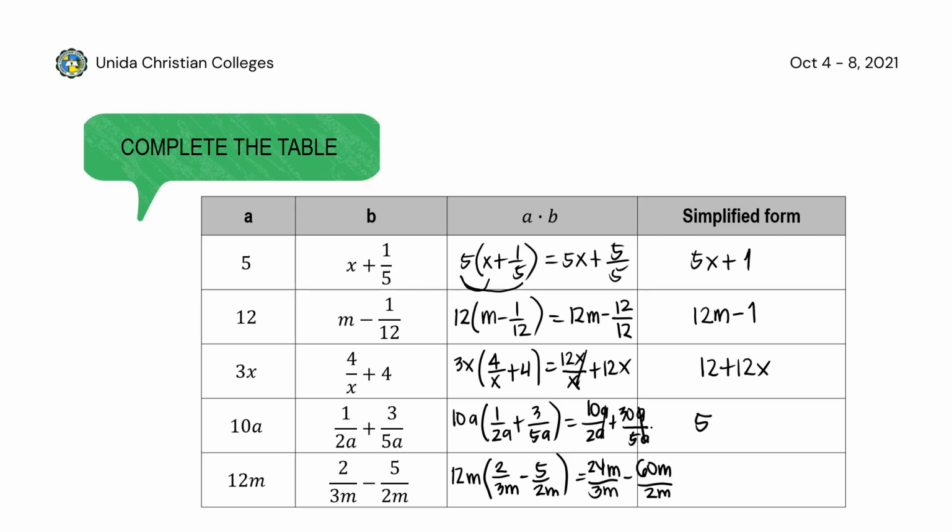Same here, both have a, and 30 divided by 5 can be simplified, so this will be 6. So we have 11. And lastly, same m, 24 divided by 3, that is 8, minus 60 divided by 2 is 30, sorry. Okay, and then simplify, we have negative 22. So simple as that, when we simplify, we were able to complete our given table.